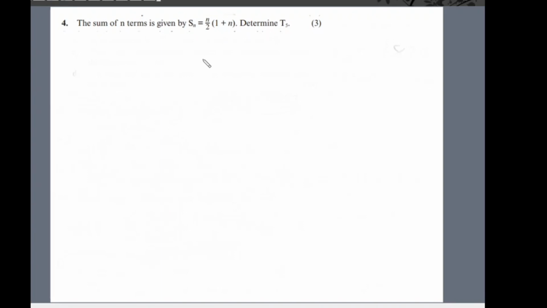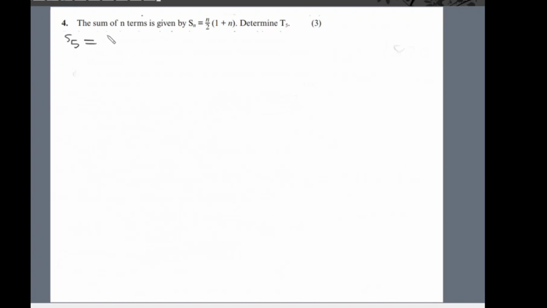Right, so we are given Sn and then they want us to calculate T5. So what is T5? Let's say what is S5. S5 is equal to the sum of the first 5 terms.